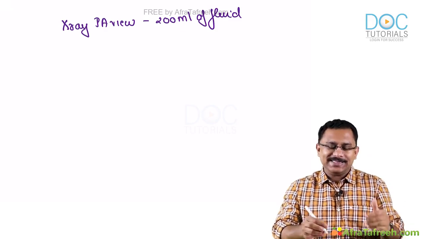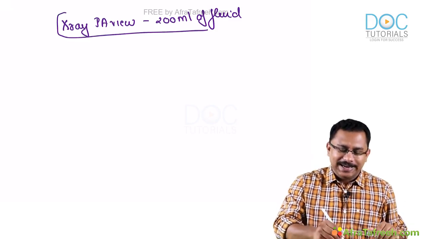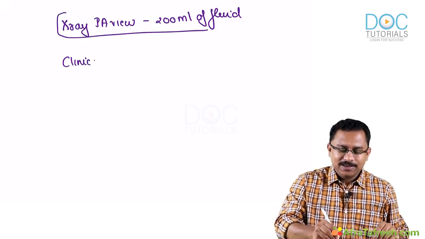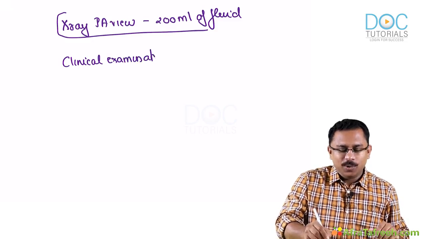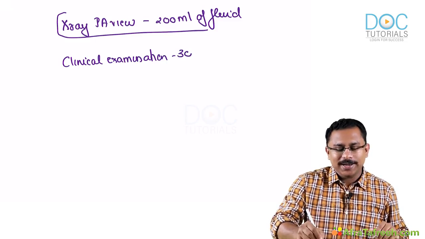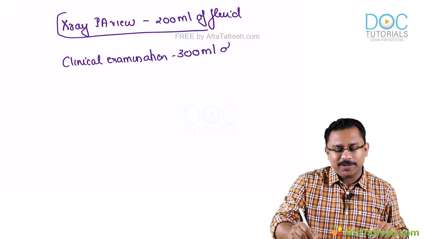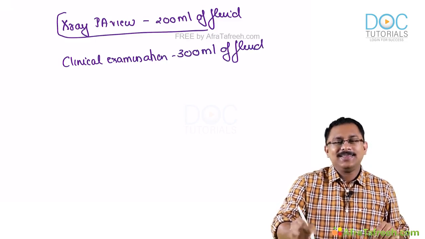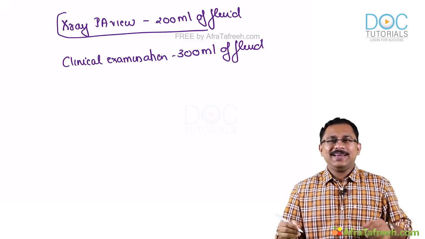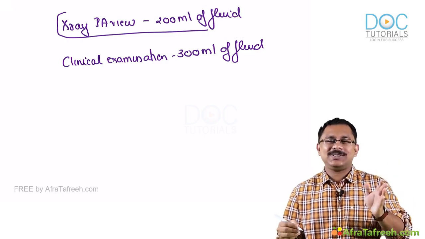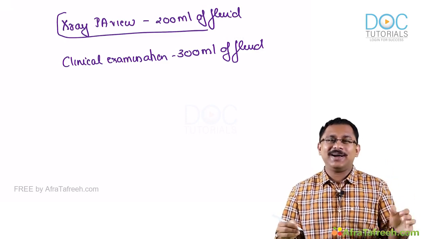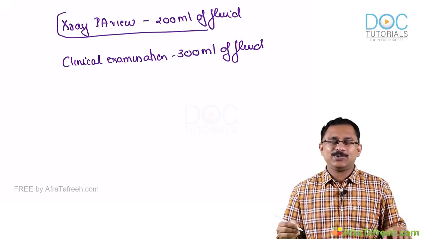If you compare this to a clinical examination, to detect a pleural effusion clinically, you would require 300 ml of fluid. So yes, X-rays can pick up effusions which are not picked up by your clinical examination as well.